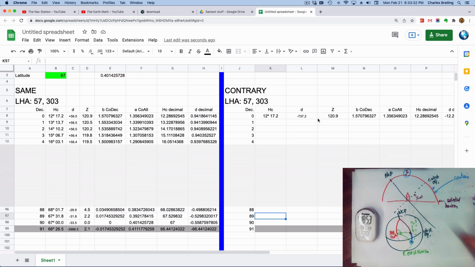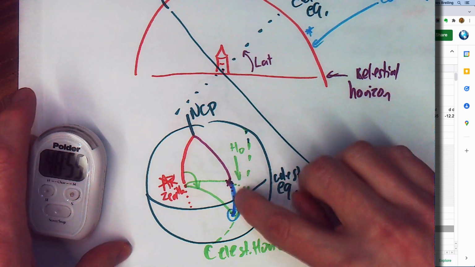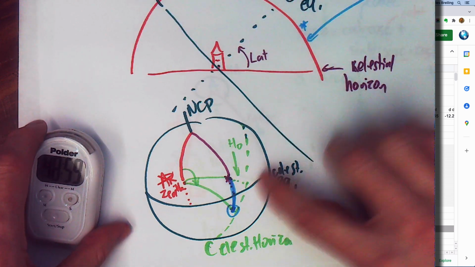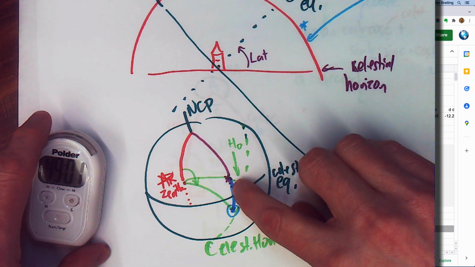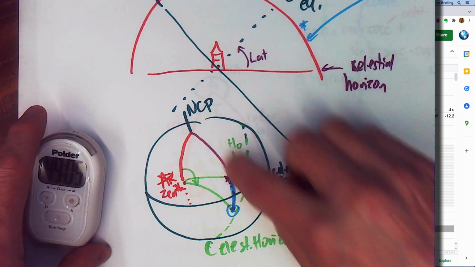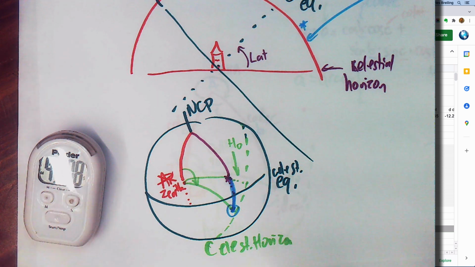But going back to my drawing, remember how this little piece right here was DEC. So to find what we're going to call CoDec, it's not really CoDec anymore, it's extended dec, whatever.